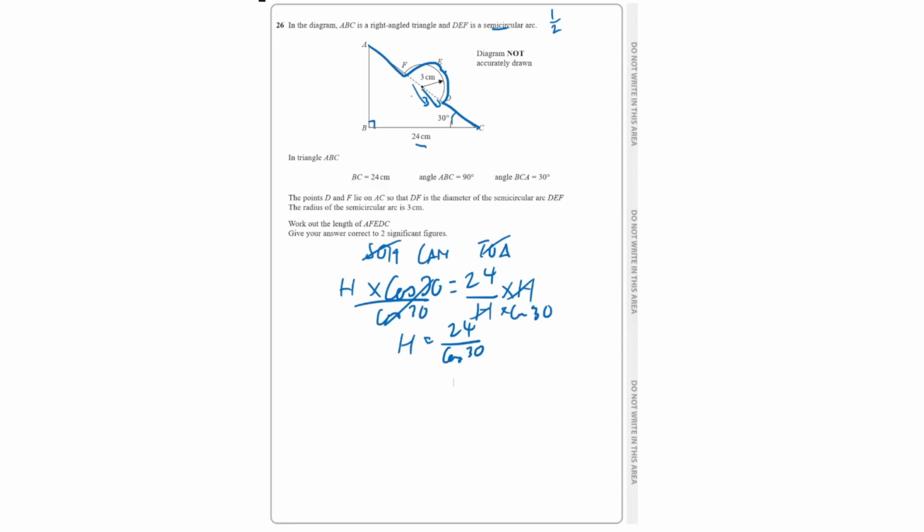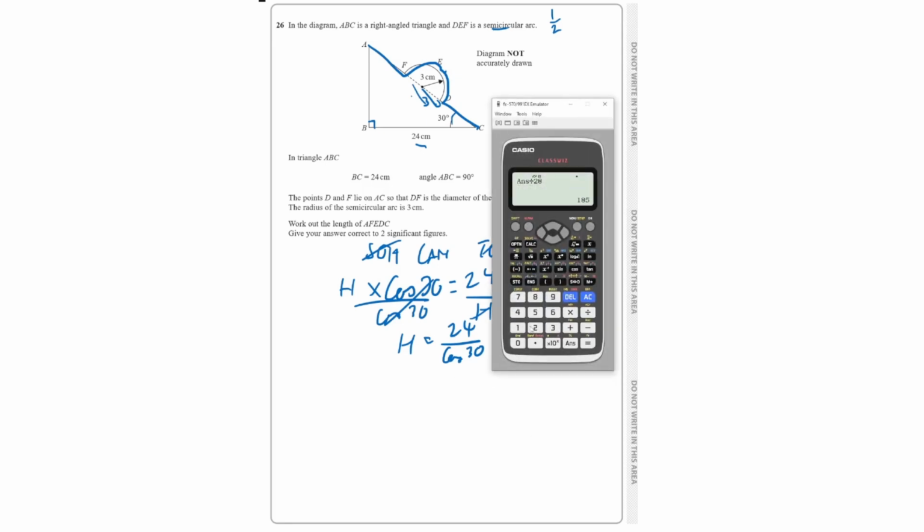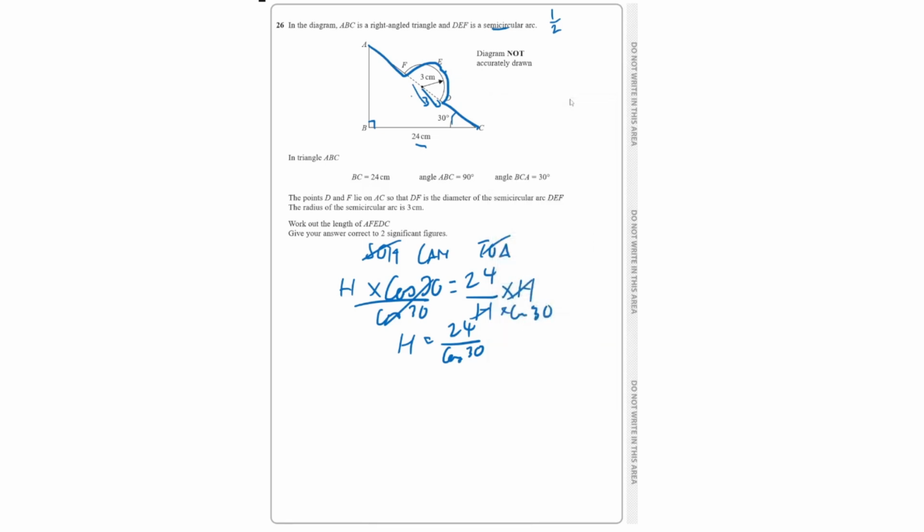We can find this out using our calculator. We get 24 divided by cos 30, which is 16 root 3. So hypotenuse is 16 root 3, but we don't want the whole hypotenuse. We simply want AF and DC. So we can actually remove the diameter.